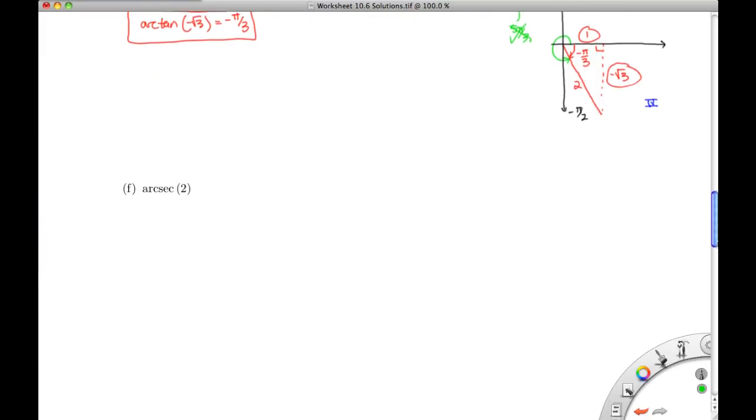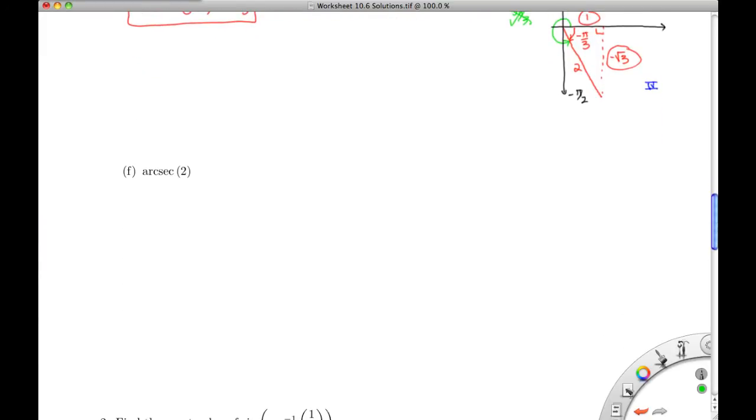Okay, last one, arcsecant of 2. So the arcsecant, we've got a restricted set of angles that we can get out of this that is defined as this. So the angles coming out of the arcsecant will be some angle in general on the interval from 0 to pi over 2, unioned with pi over 2 to pi.